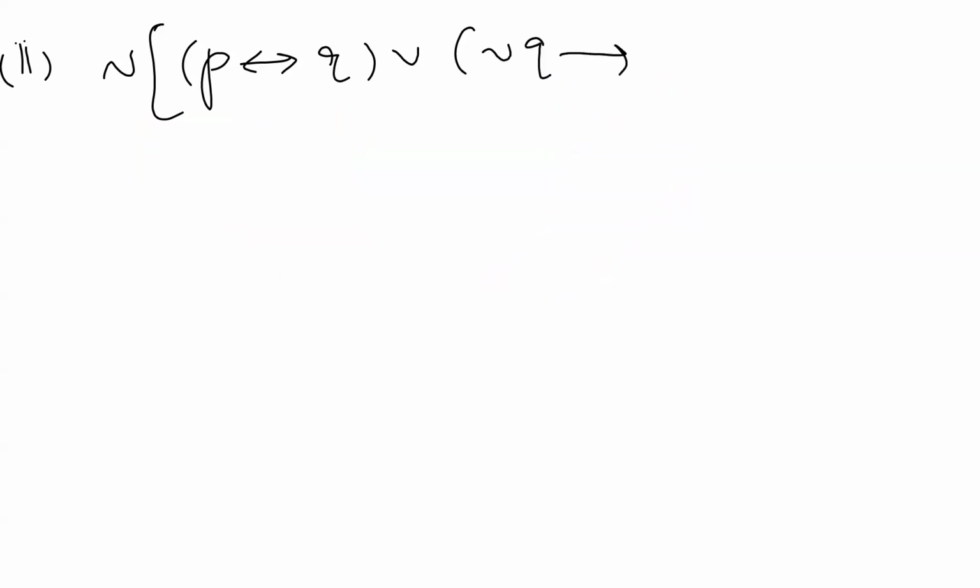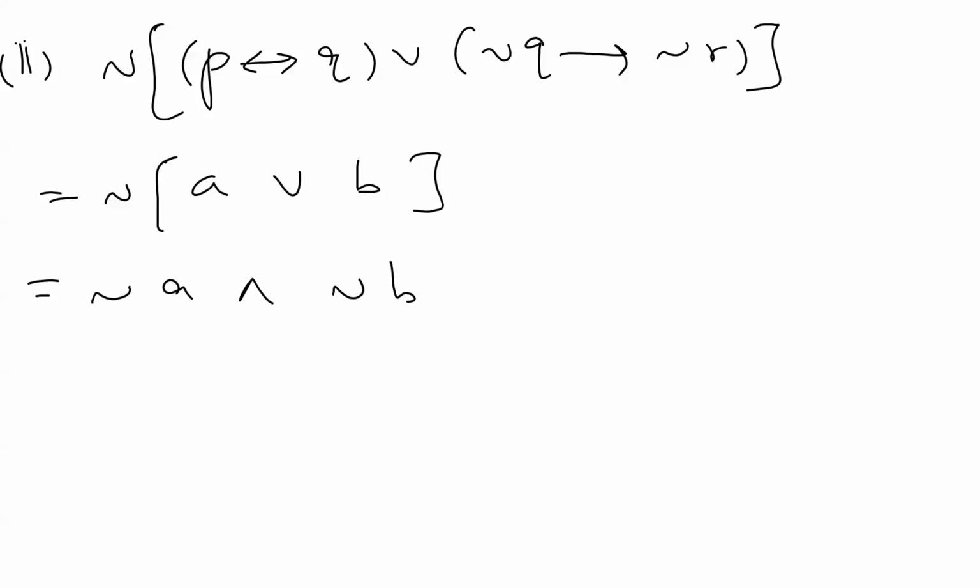Second sub question, negation of P double implication Q or negation Q, implication negation R. Let the first bracket be A, second bracket be B. A or B. Now or will become and.